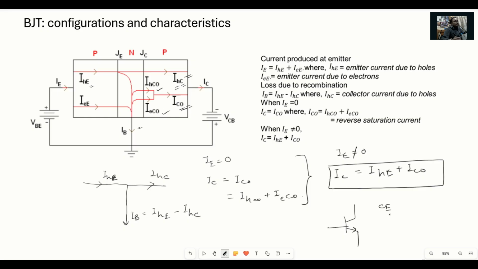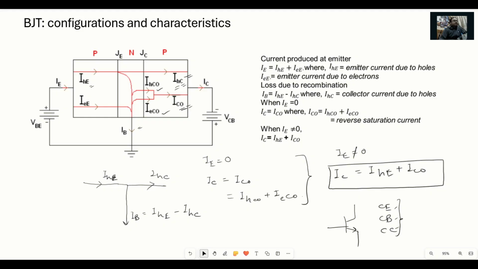First one is common emitter, then we have common base, and finally we have common collector. In each of these configurations, one of the terminals will be common, and based on that, we will have our circuit. The common refers here to the terminal which is common to both the input and output circuit. Each configuration has distinct input and output impedances, voltage and current gain, and typical applications.